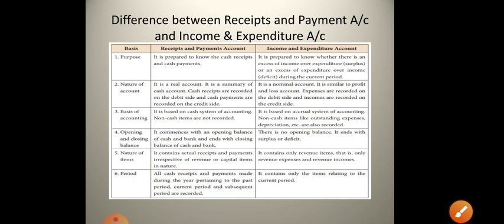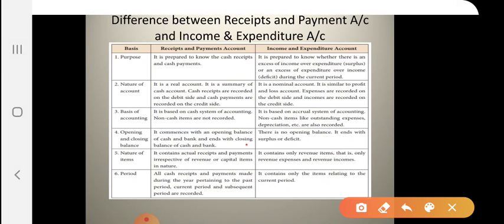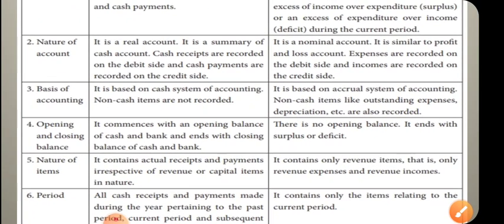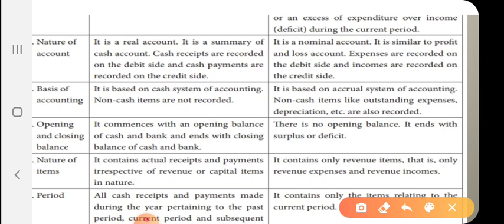Now, nature of items. I told you just now that receipts and payments, irrespective of revenue or capital nature, are written in the receipt and payment account. Both revenue and capital nature items are included there, but only revenue nature items are taken under income and expenditure account.